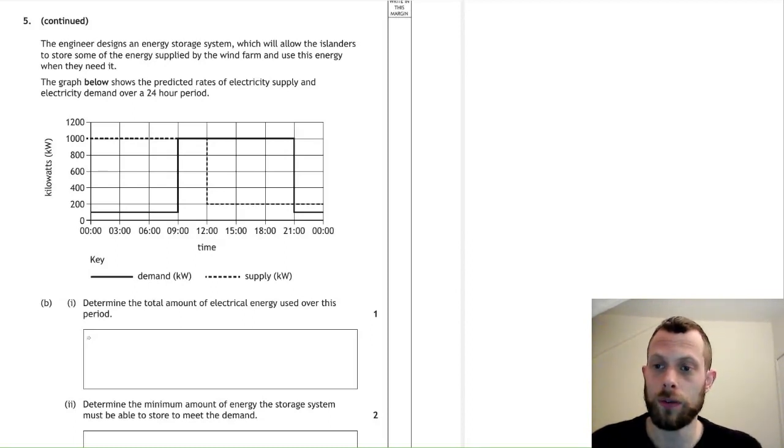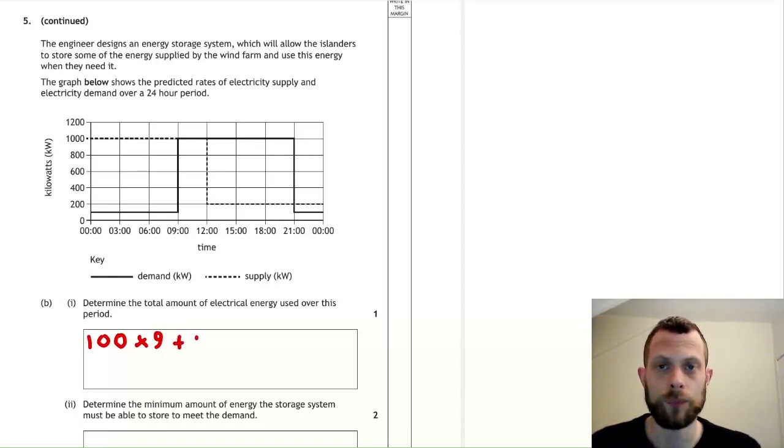So it starts off from midnight through to 900 hours. So that's 9 hours at power of 100 kilowatts. So we do 100 times 9. Then the power goes up to 1000 kilowatts, and that's from 900 hours to 2100 hours. So that's for 12 hours.